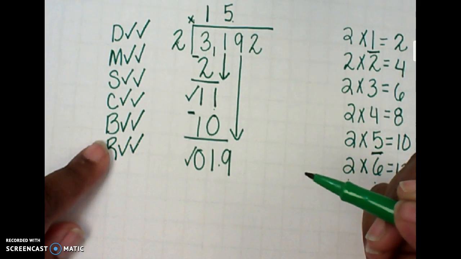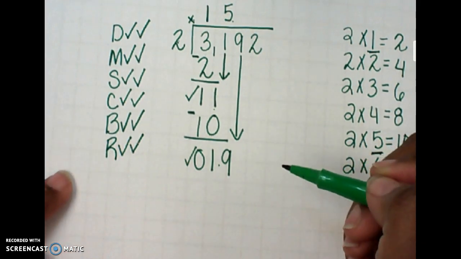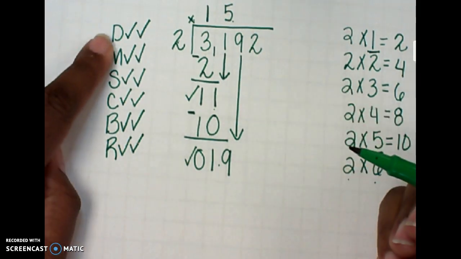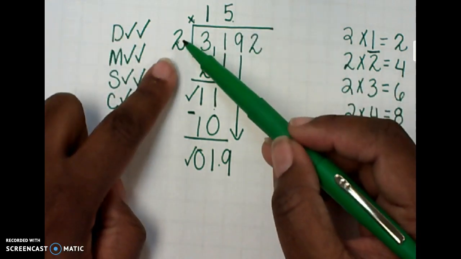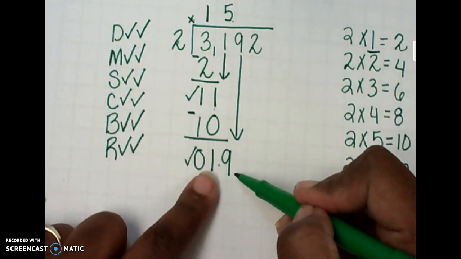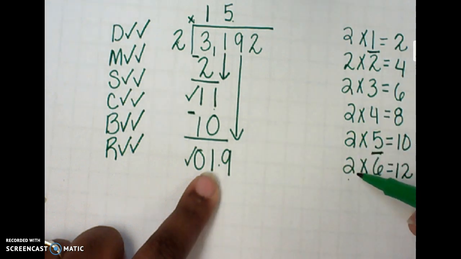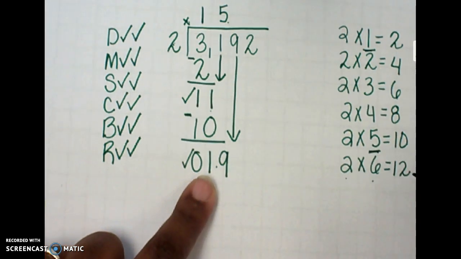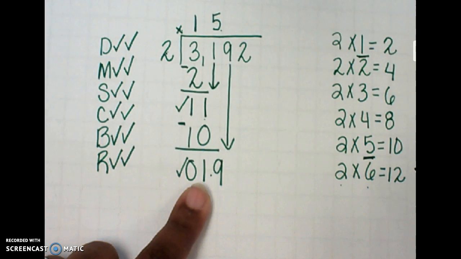So how many groups of 2 can I pull out of 19? I'm going to multiply by 2 until I get to 19.